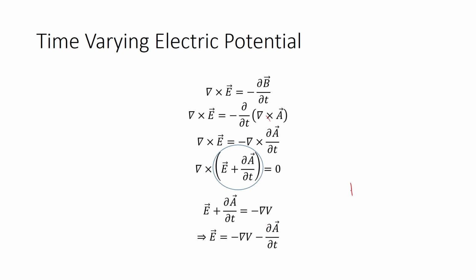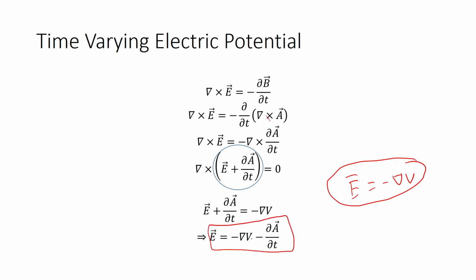Then this equation would still be Ē equals minus ∇V. But in the presence of time varying fields, Ē is equal to minus ∇V minus ∂Ā/∂t. This is called the electric field in terms of the electric potential and the vector magnetic potential.